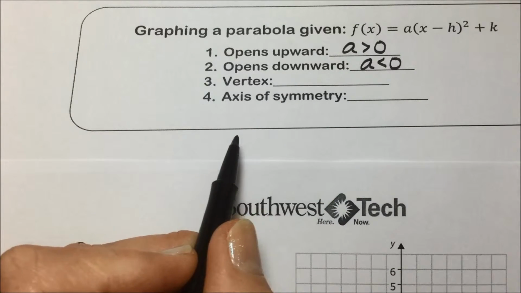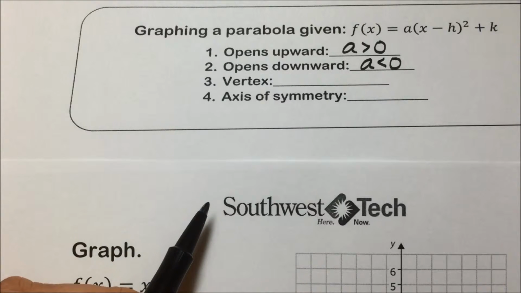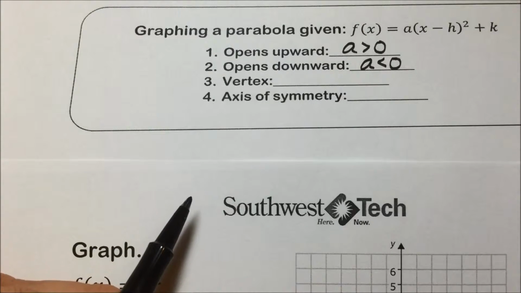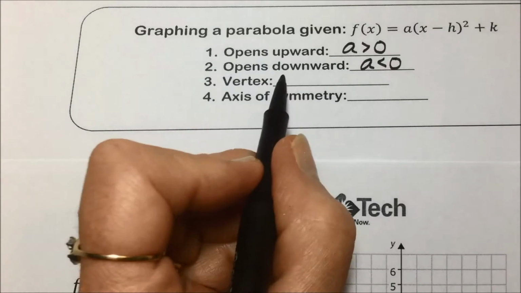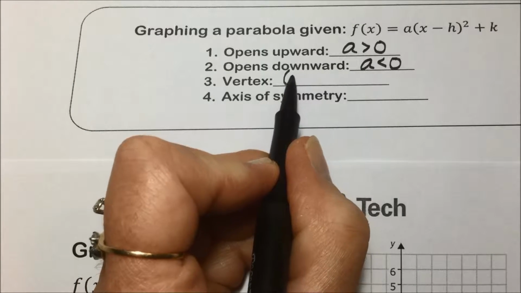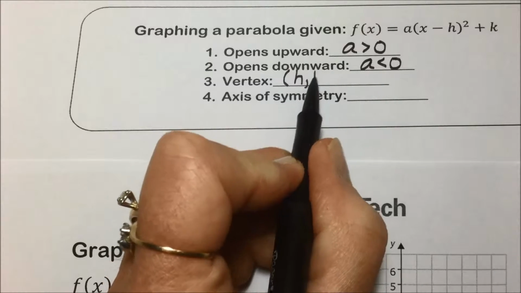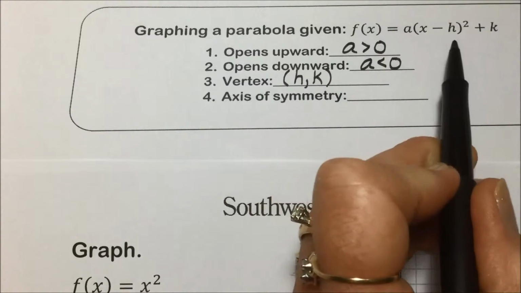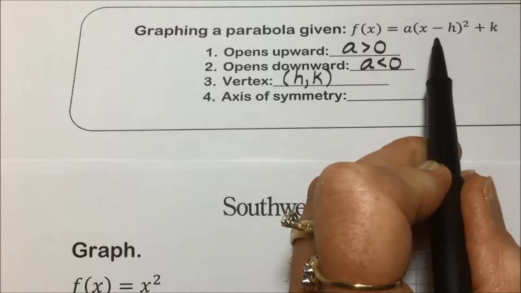The vertex is the turning point of the graph, referred to as the maximum or the minimum, depending on which way the parabola is going. The coordinates of that vertex will be (h, k) from this standard form.